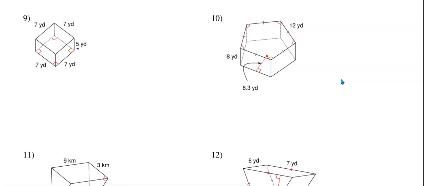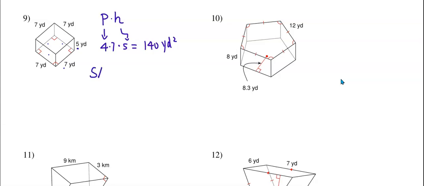Remember, lateral area is actually perimeter times height. Perimeter is 7, 7, 7, 7. You have 4 times 7. Height is 5. So 4 times 7 times 5. That is your lateral area for this prism. That's a square prism, not a cube.